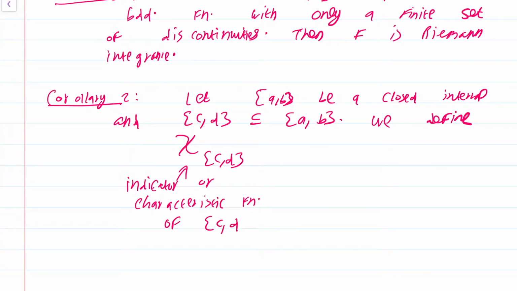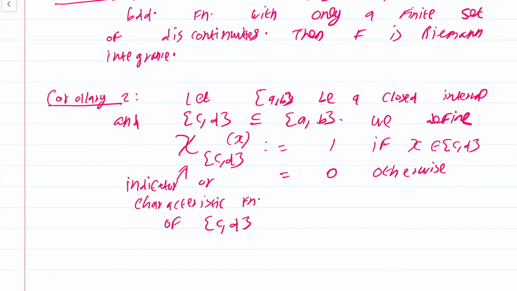This can be defined more generally for any subset, but I'm just defining it for closed intervals for the time being. This is by definition 1 if x is an element of the closed interval [c, d] and is 0 otherwise. So this is a function whose value is 1 precisely at the points of [c, d] and 0 elsewhere.